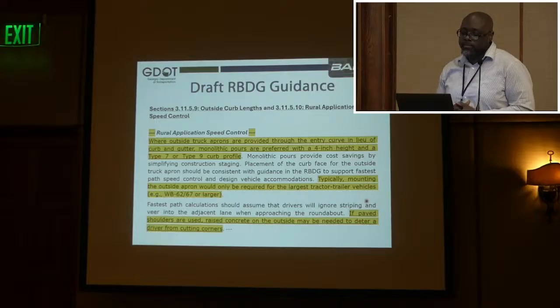So right now we have a draft in our roundabout design guide that goes into newer, more up-to-date guidance as far as outside truck aprons, where we're probably using either a type 7 or type 9 curb face. We want to make sure that heavy vehicles can be accommodated, and also have the shoulder features out there so people aren't going as fast as they could.